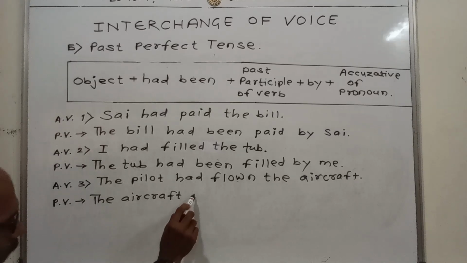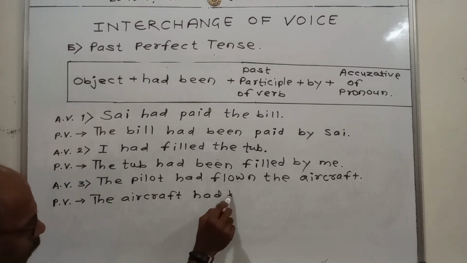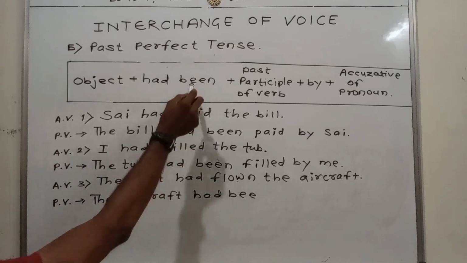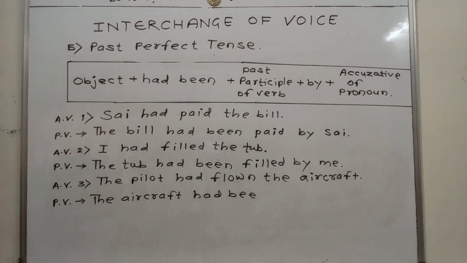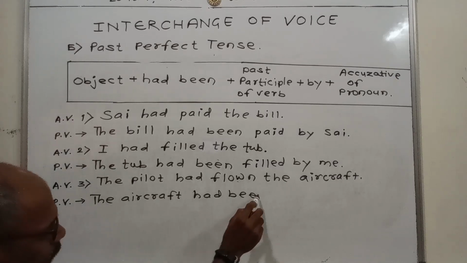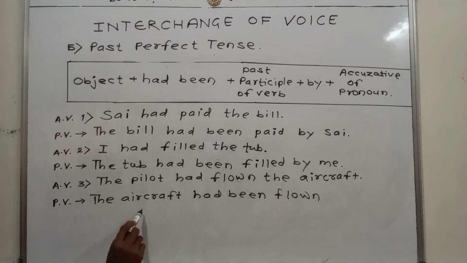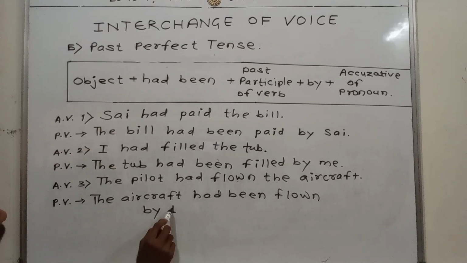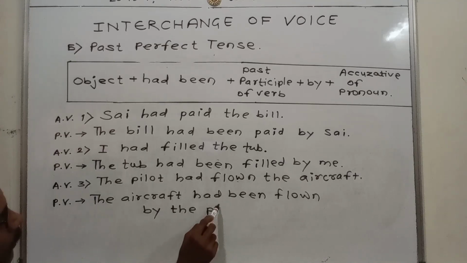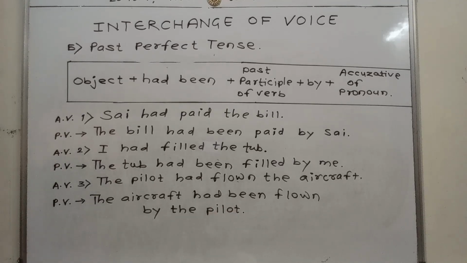Had been. Very good. Had been. Then past participle of verb. Very good. Been. Had been flown by the pilot. The pilot. If anything is missing in spelling or anything else, then tell me immediately.